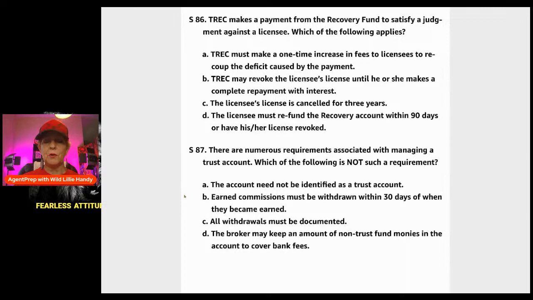Or D, the broker may keep an amount of non-trust fund monies in the account to cover bank fees. Type your answer in the chat.